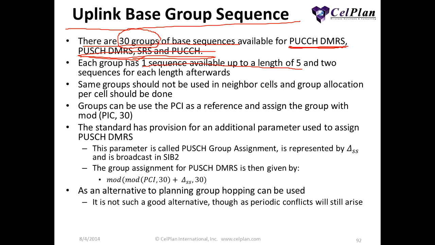So we should avoid using the same groups in neighbor cells. The reason for this is that inside the group the sequences are orthogonal, but between groups they are not. That's why we have to space the groups so they are not neighbors.